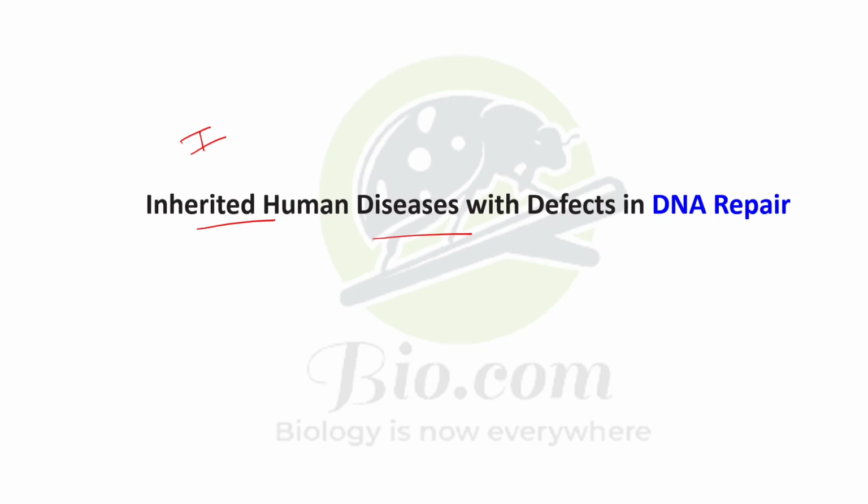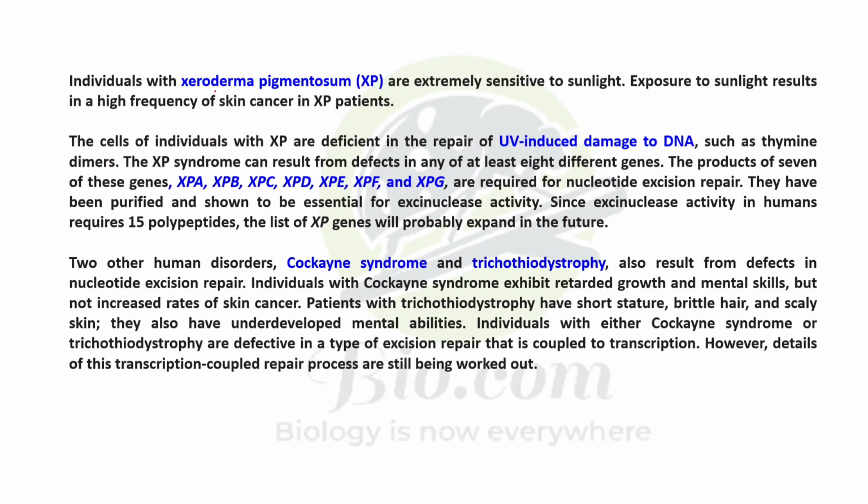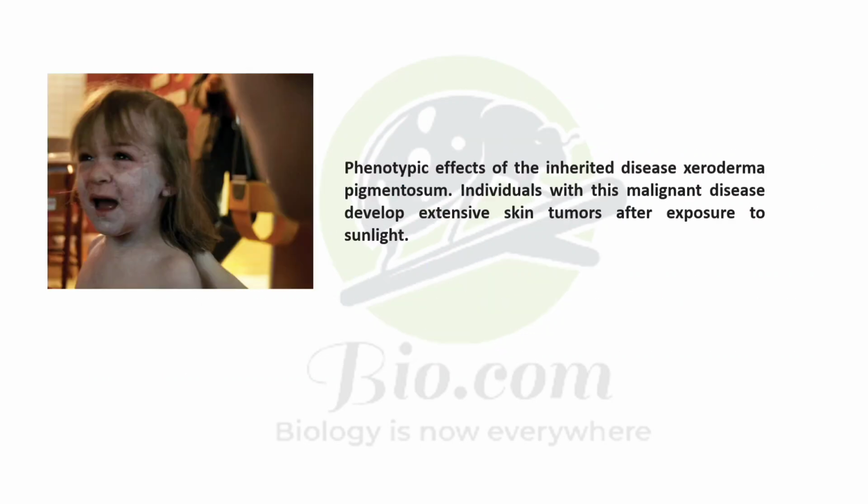In many different diseases, like xeroderma pigmentosum, individuals are extremely sensitive to sunlight. Exposure to sunlight results in a high frequency of skin cancer. So this is also a defect in a DNA repair mechanism.